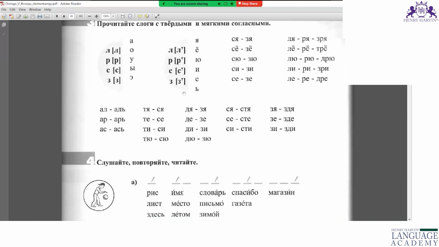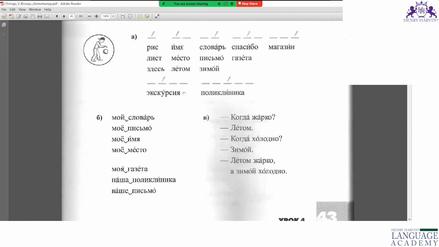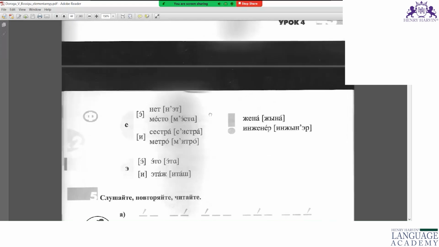Okay, so let's go to the real words here, and a few more new words will be here only. Рис, лист, здесь, имя, место, летом, I'm so sorry.